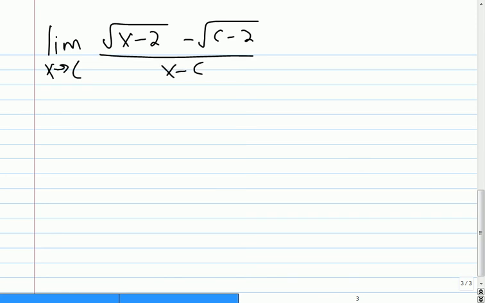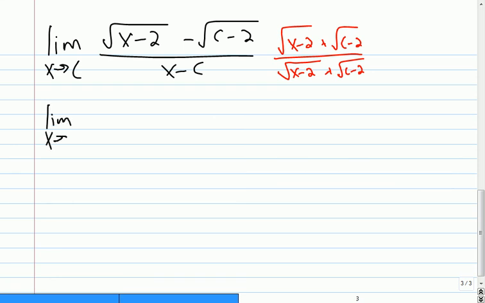And I'm going to multiply by the square root of x minus 2 plus the square root of c minus 2, on the top and the bottom. Okay, if I do that, I'll end up with a new limit. Well, same limit, but new pieces.